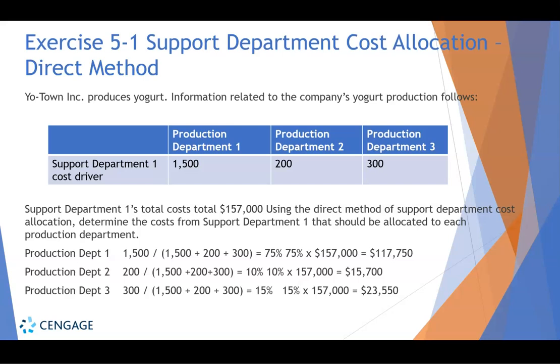All of it is $2,000. $1,500 of $2,000 is 75%, so 75% of the support costs will go to department 1. 200 divided by 2,000, that's how we come up with the ratio, 10% of the support costs will go to department 2, and 15% of those costs will go to department 3. So pretty straightforward.